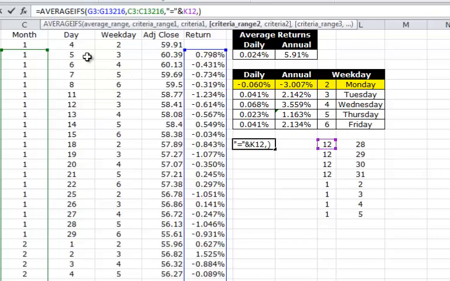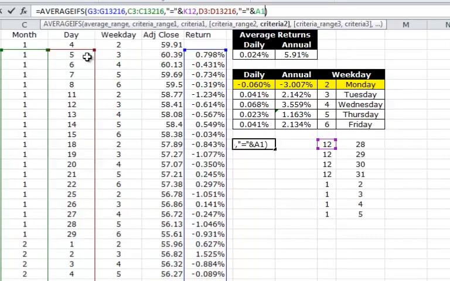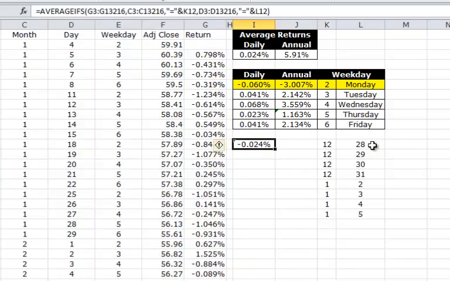So let's also highlight the day column. Remember to put the equal sign inside quotation marks, and you have to include an ampersand like so. And that's the average daily return to stocks on December 28th over our sample period.